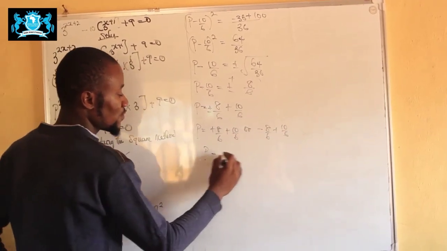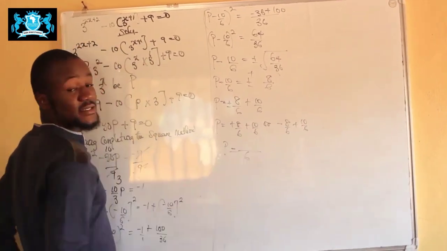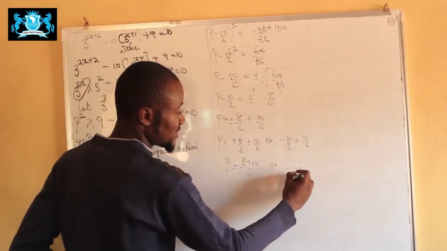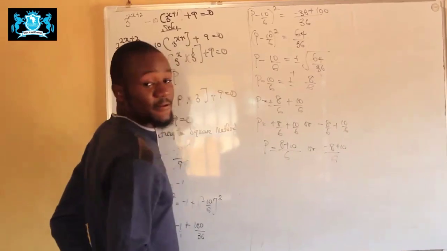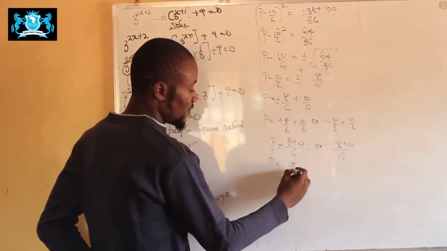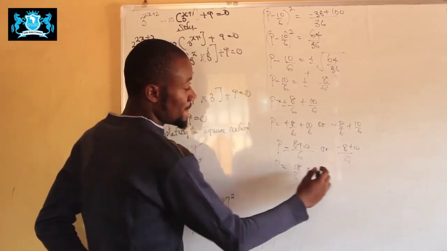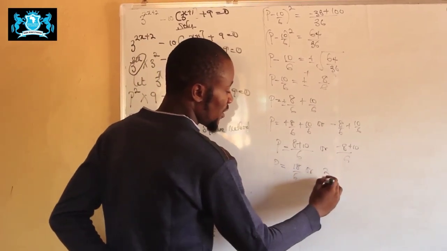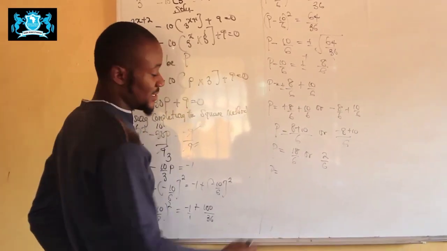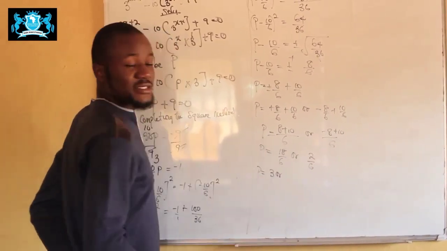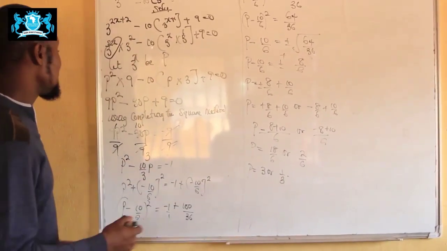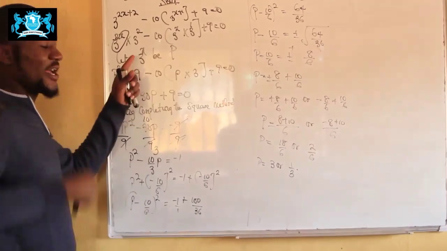The LCM is 6, so we have 8 plus 10 over 6, or minus 8 plus 10 over 6. So p is equal to 18 over 6, or 2 over 6. So you have p is equal to 3, or 1 over 3.